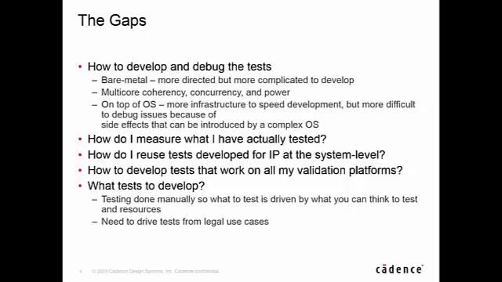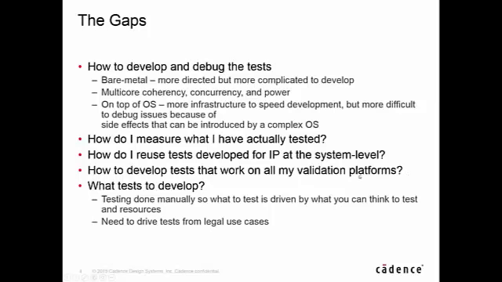As a consequence, you want to test that IP, not to retest all the work that you've done at the IP level, but to really validate that the IP stayed operational across these system-level states.